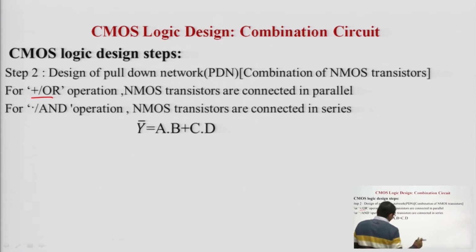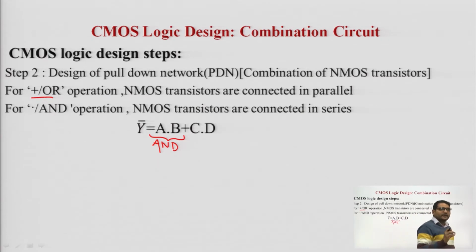Here is the example. First, here is the AND operation, A and B connected with the AND. So we take one NMOS and one PMOS for a single input.